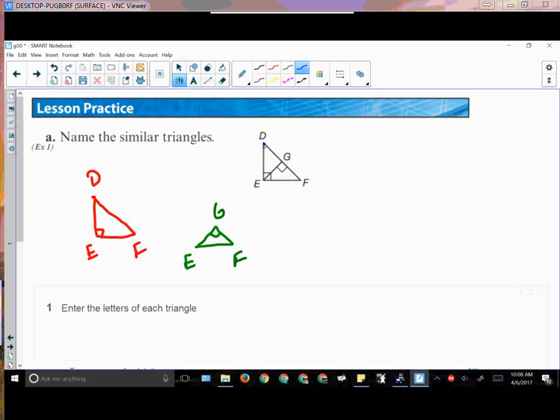There's one more triangle sitting up over here, and that is going to be listed as D, E, G with the right angle sitting here. Now obviously angle D here and angle D here would have to be the same, yes?